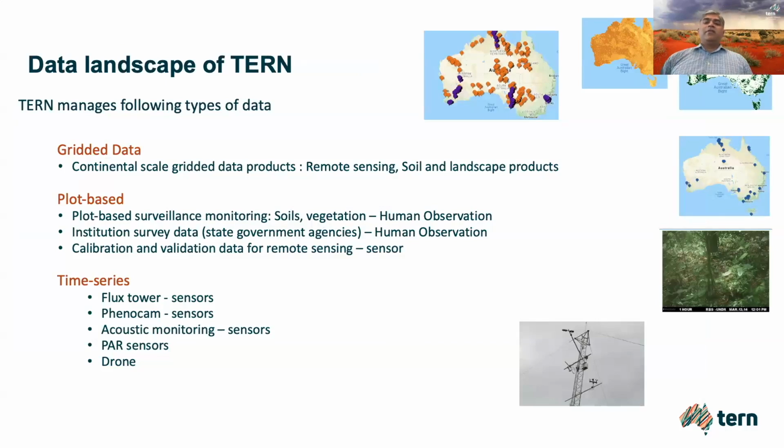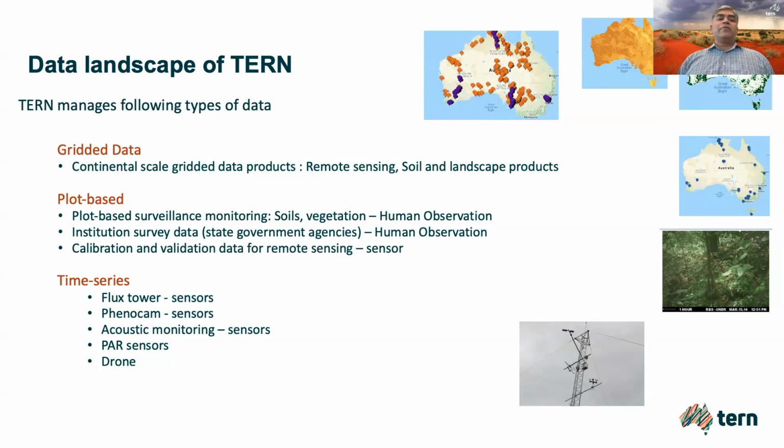Okay, so if you look at all these things, the data landscape is quite diverse and heterogeneous. There is all the remote sensing and model-derived data, the raster data sets, and then a lot of the plot observations are human observations, and a lot of the sensors are time series observations. And again, there are the acoustic sensors.